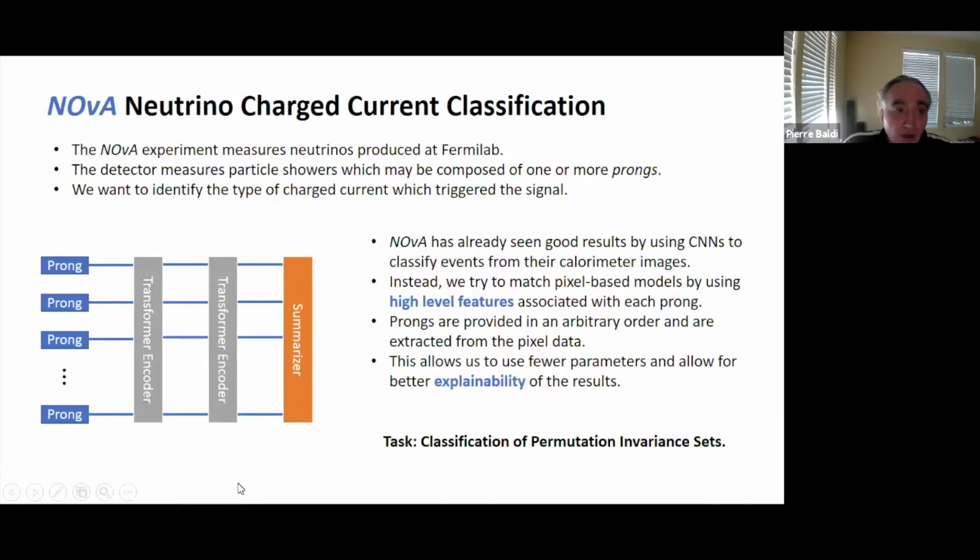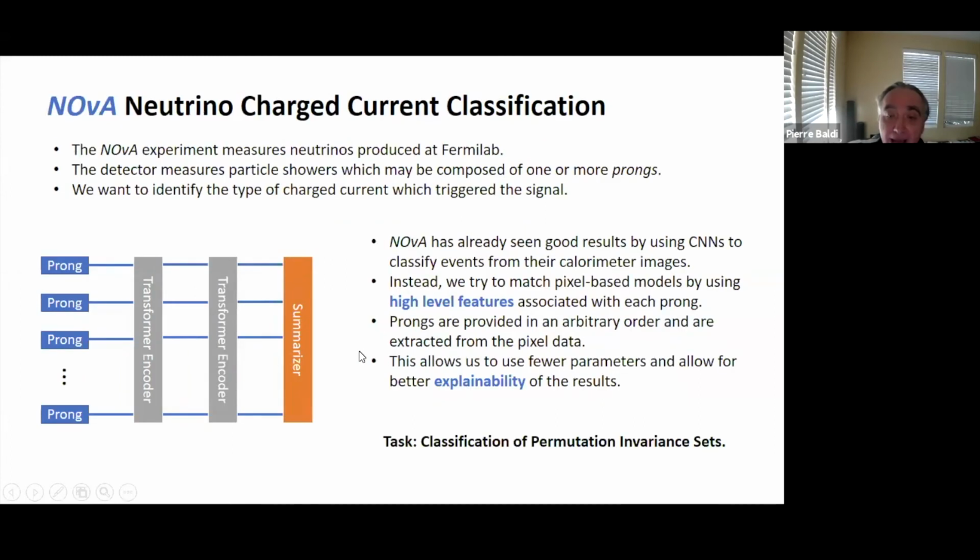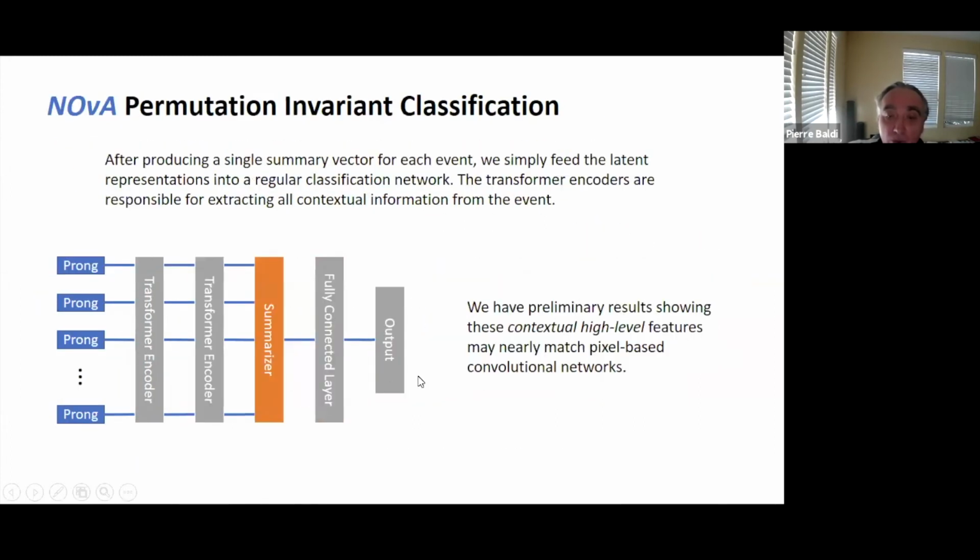So it's in the NOvA experiment. We have different prongs, and we want to classify the events in the outputs. Again, there is independence with respect to permutation. Oops, I don't actually have a slide of results. I cannot see the slide here.